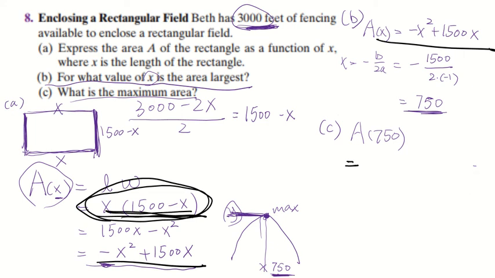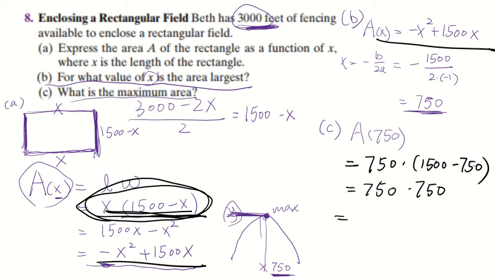So that will give you 750 times 1,500 minus 750. This will give you 750 times 750. This will give you 2 zeros here, 75 times 75.